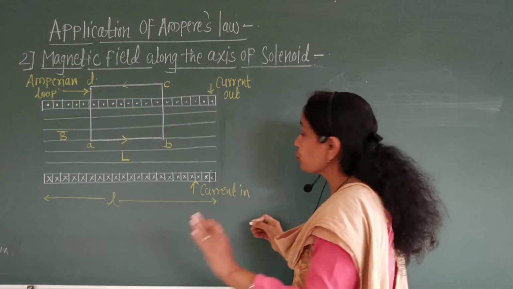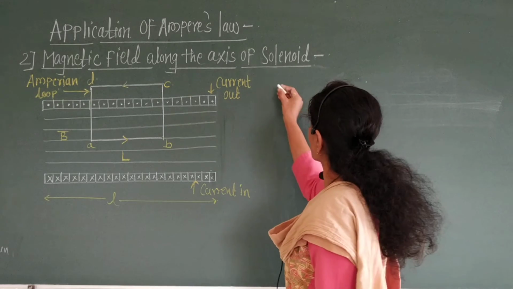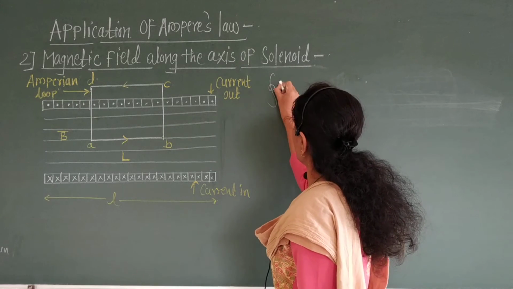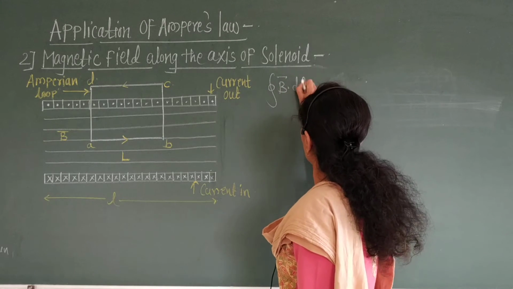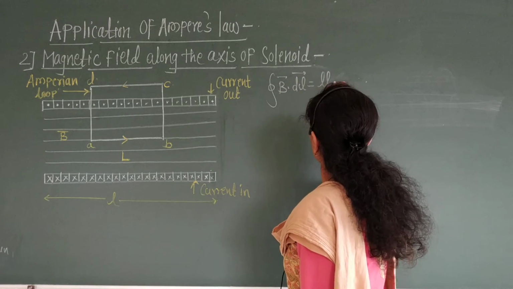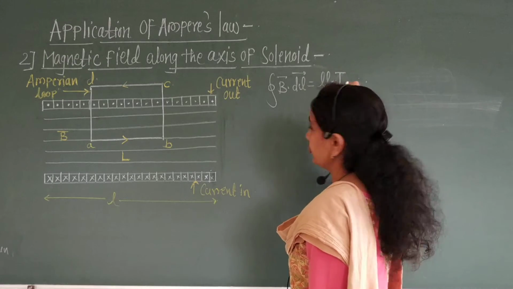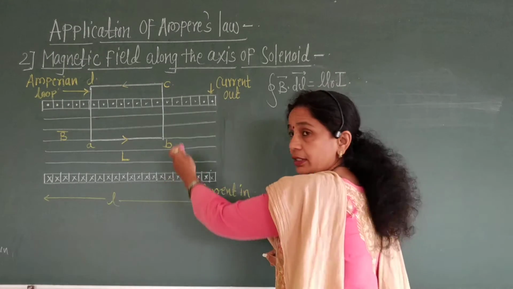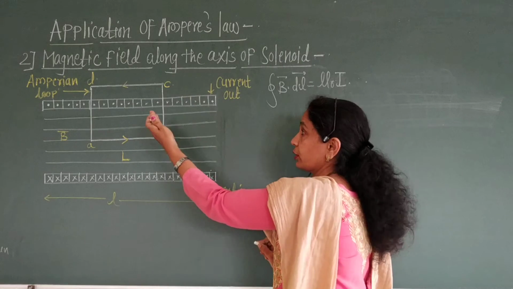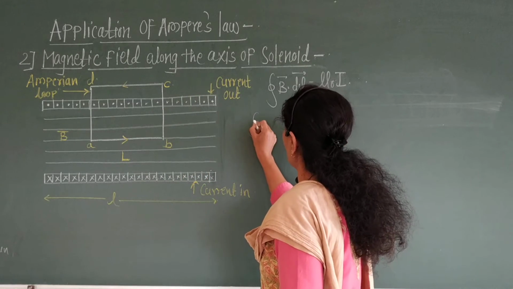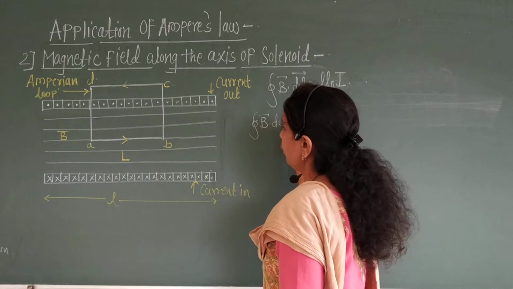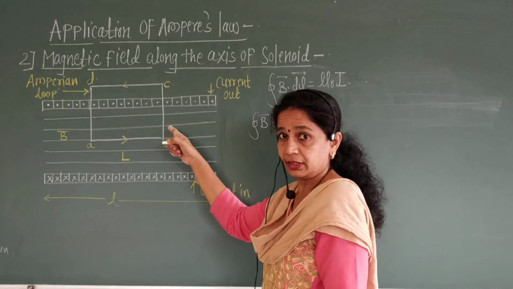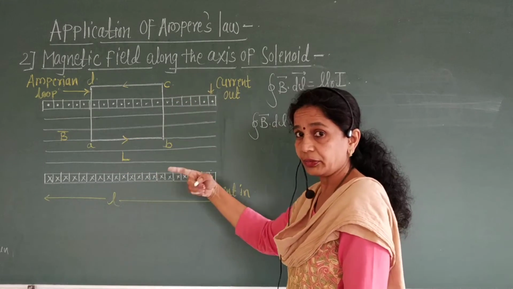Okay, then use the Ampere's law. What is the Ampere's law? Line integral of the B vector dot dl vector is equal to mu 0 I. Okay, use this formula for this Amperian loop. Therefore, line integral of B dl from sides, त्याच्या वेगवेगळ्या साईडसाठी आपल्याला ते इक्वेशन्स लिहावं लागेल.